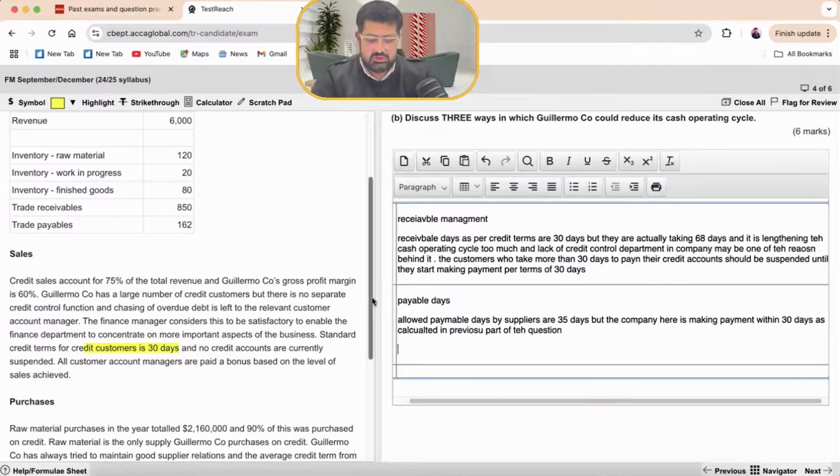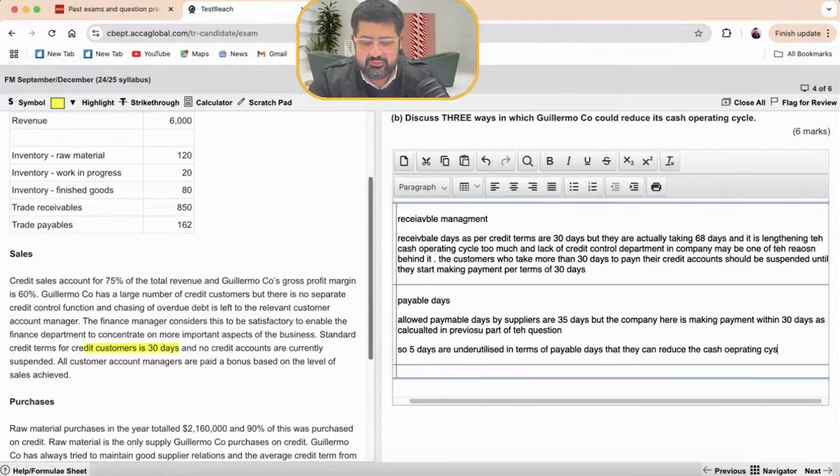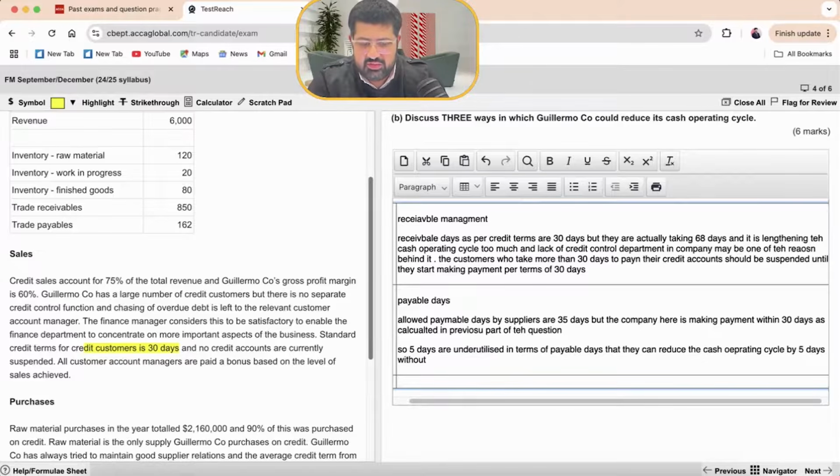So 5 days are underutilized in terms of payable days. 5 days that they can use to reduce the cash operating cycle by 5 days without disturbing their suppliers and terms with them. So, 2 points we have discussed about payable days.